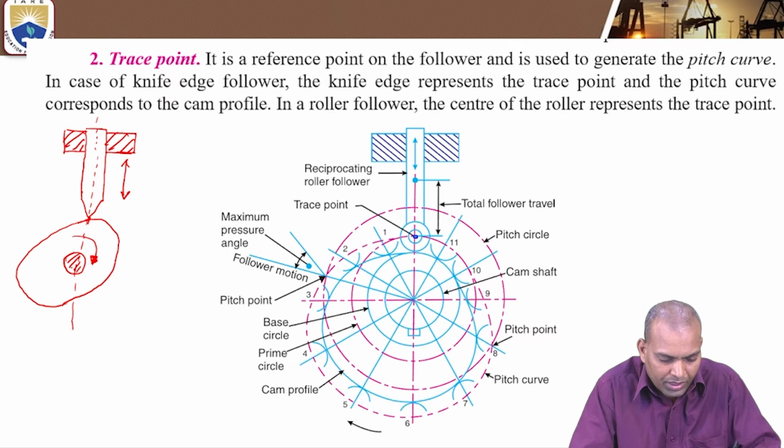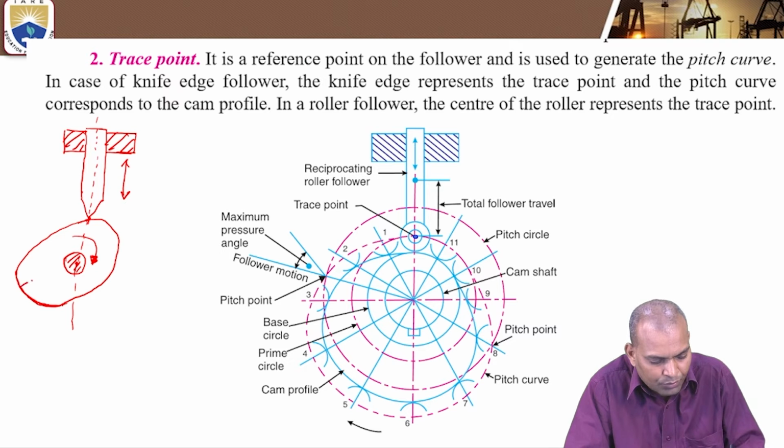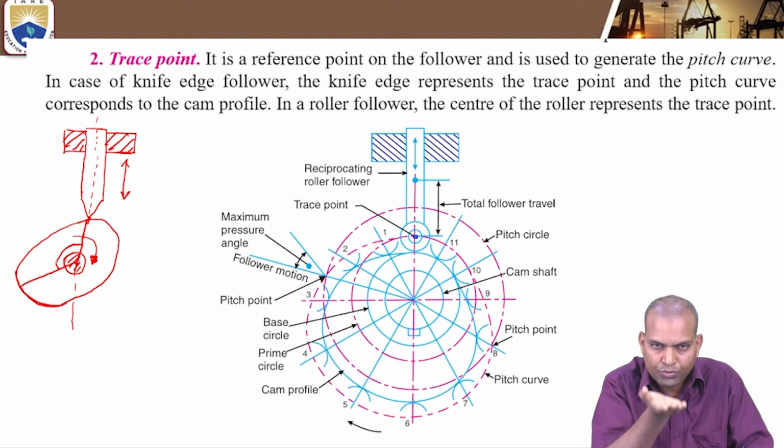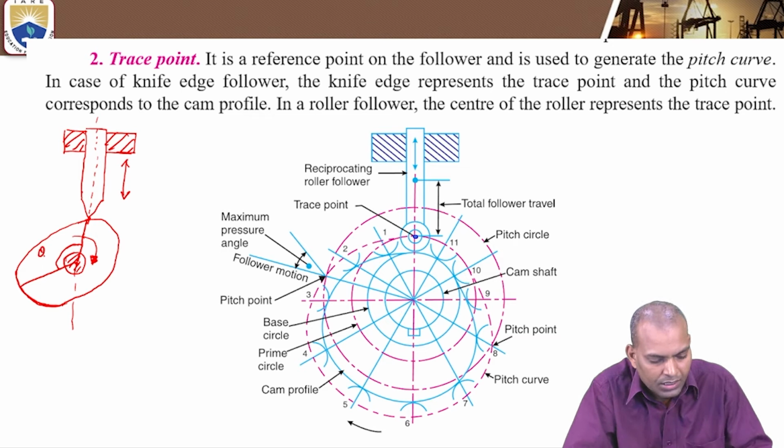Now, the maximum angle. Suppose this is the center, up to this portion the follower will rise, moves up. In terminology, that angle is the outstroke angle, theta O. Next, for a particular rotation with a constant circle radius, this is the dwell position.